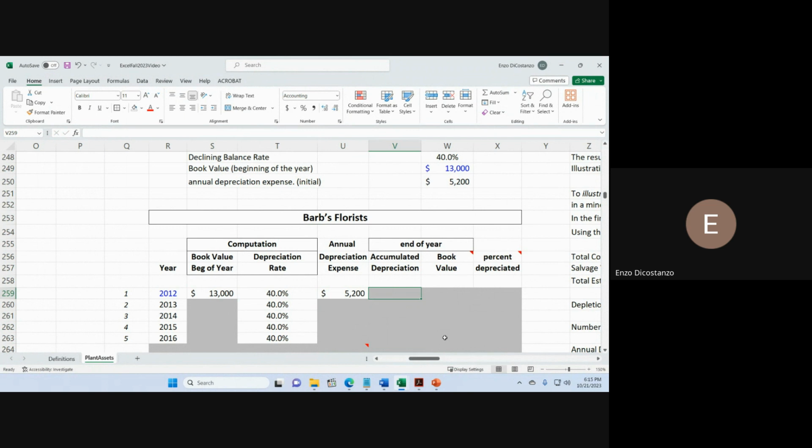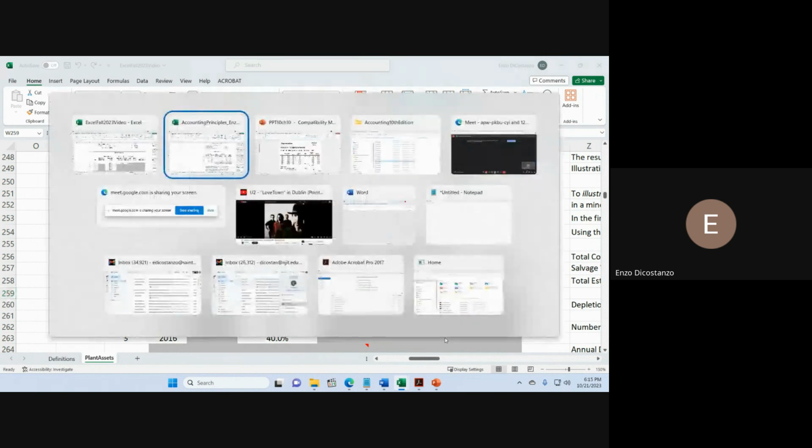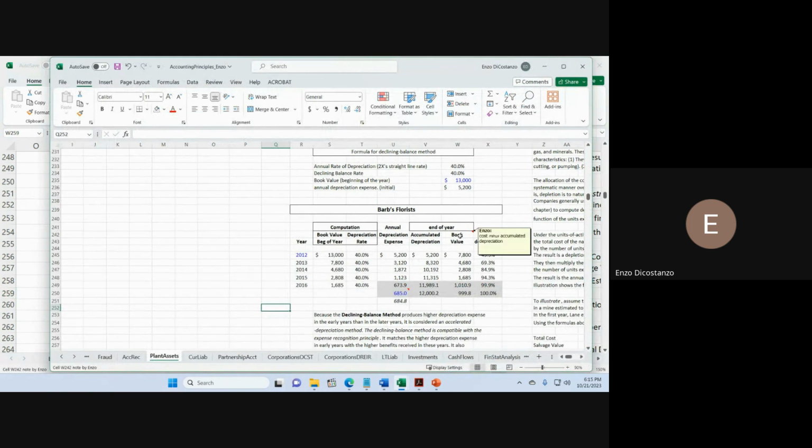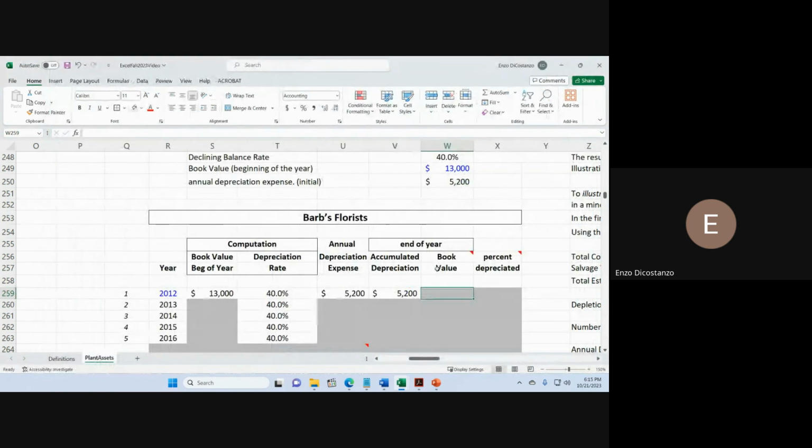The accumulated is just that expense. The book is cost minus accumulated depreciation.